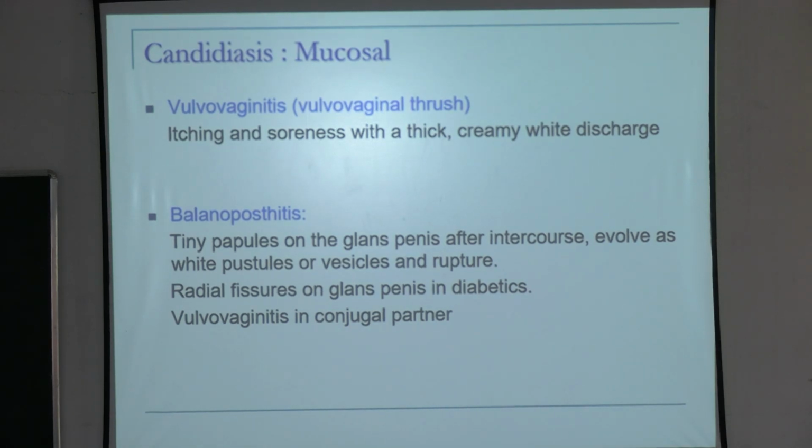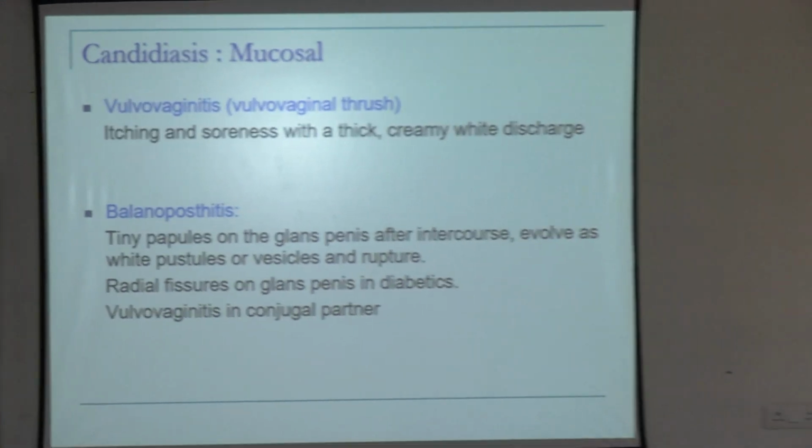Balanoposthitis: mostly the glans of the penis is infected. There is some fissuring, then whitening of color, with deposition of whitish material, especially in those who are diabetic and those who are uncircumcised males.